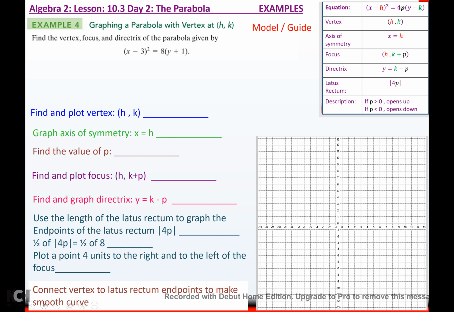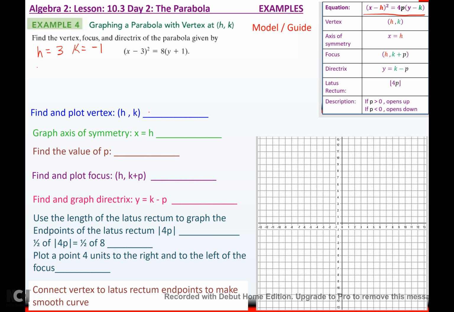So here we go. It says find the vertex, focus, and directrix of the parabola given by this function. Well, if x is being squared, remember my formula is (x minus h) squared equals 4p times (y minus k). So this tells me that h equals not negative 3 but positive 3, and k equals negative 1.